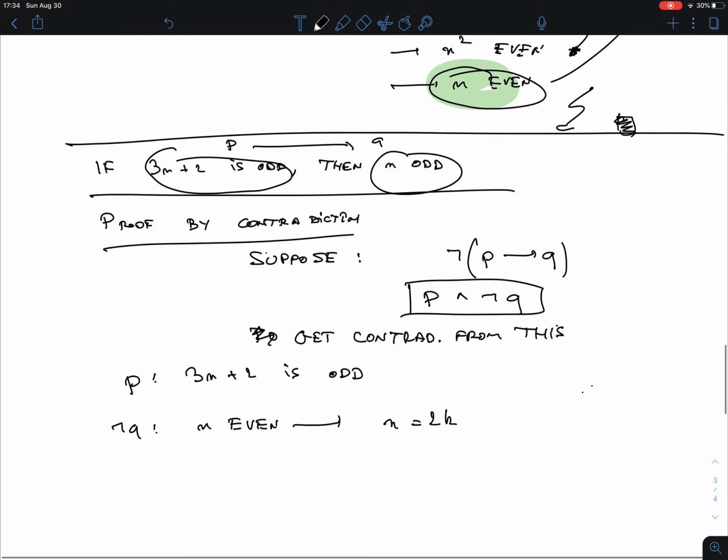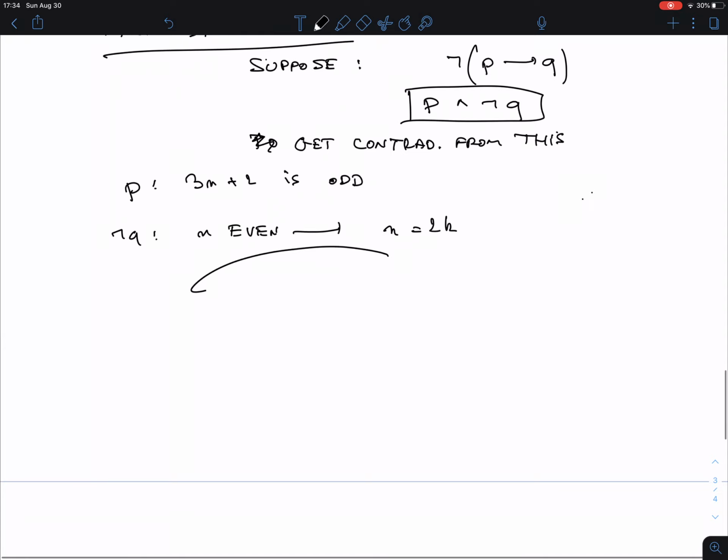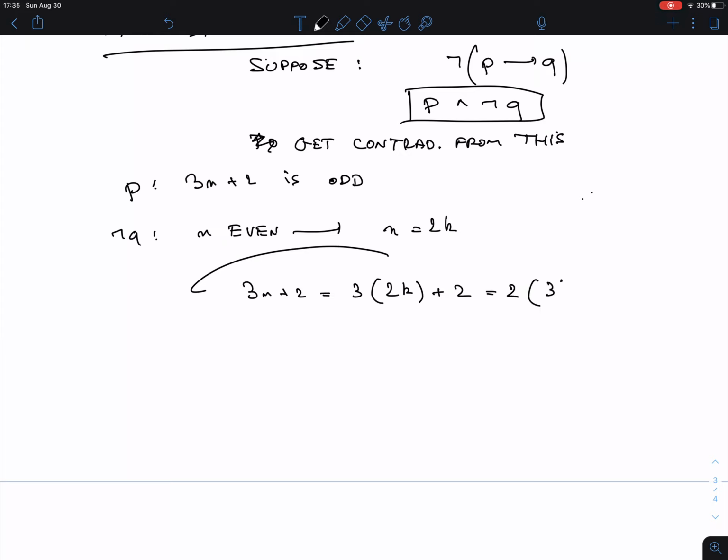I can now plug this into 3n plus 2. It's almost the same argument as we just did. We plug in 2k, we get 6k plus 2, but more importantly, I can factor out the 2. I get 2 times (3k plus 1), and so I see that 3n plus 2 is even.